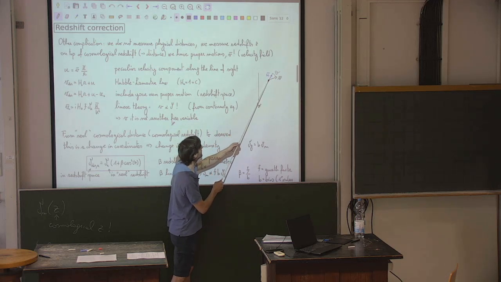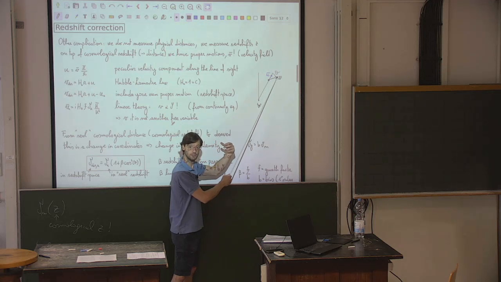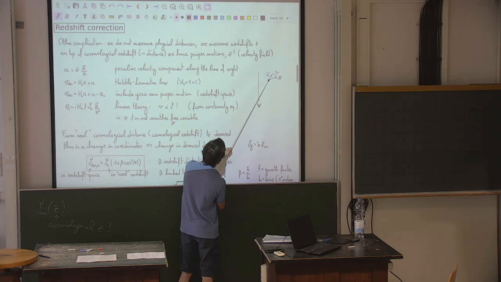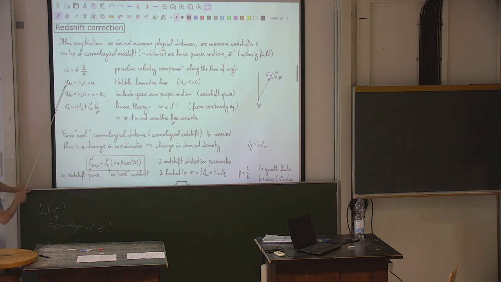So what do we do? We get the velocity of the galaxies, which is statistically predicted by our velocity perturbation field. That's what is tracing. And we can project the velocity on the component along the line of sight. Therefore, from the purely Hubble expansion term, now I set c equal to 1 so that it's easier to trace velocities with redshift terms, we have our velocity expansion and we have a contribution which is given by the projection of the velocity along the line of sight.